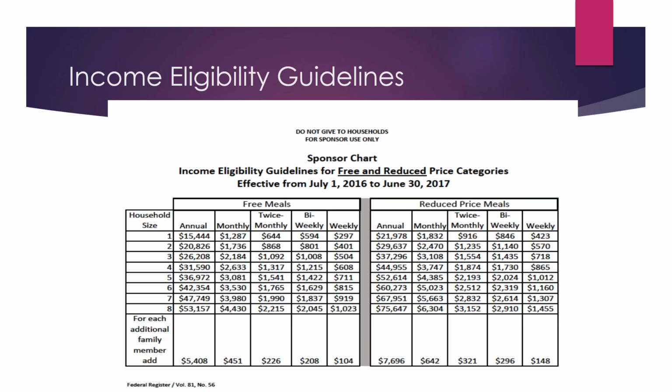Here's a copy of the Income Eligibility Guidelines. So these are effective from July 1 of the current year through June 30, 2017. And we issue them in chart form as well. So just make sure you have the correct income eligibility guidelines for free and reduced price meals.